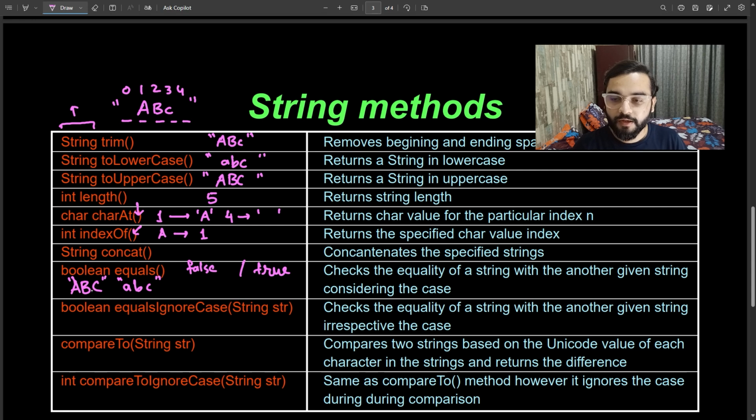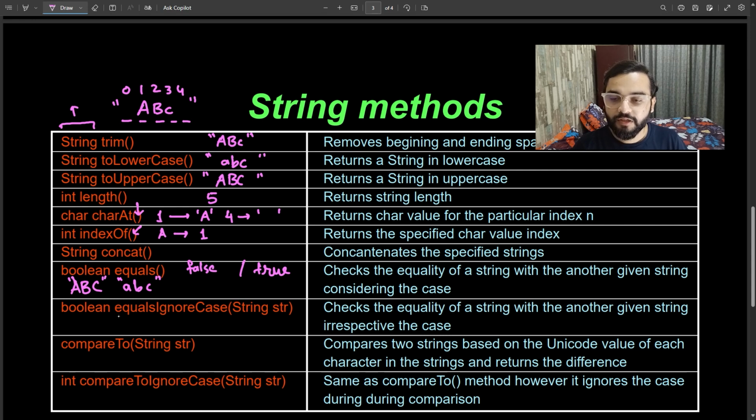Now what if we don't want to check for this equality of the cases, like ABC and ABC, where the values are the same? The only difference is this is in uppercase and this is in lowercase. So for that we have to make use of equals ignore case.